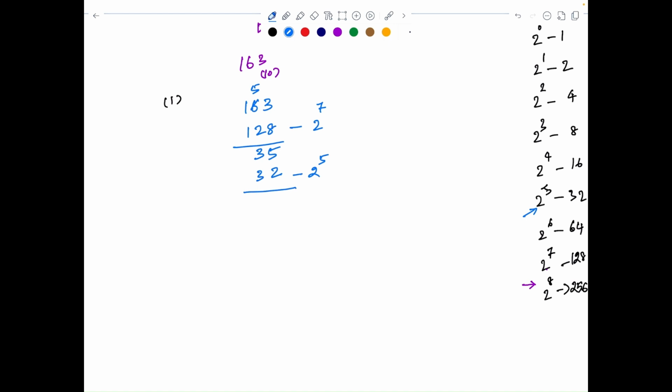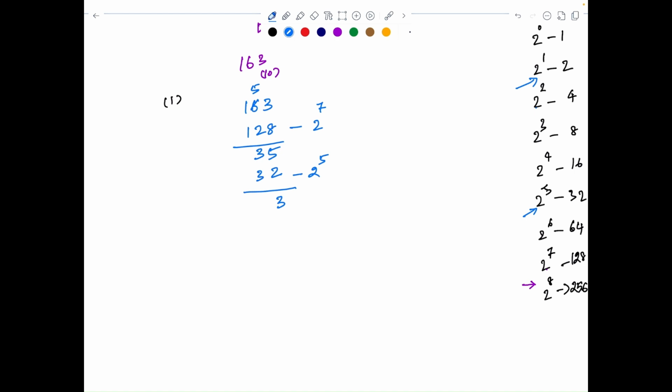Now 35 minus 32 leaves 3. 2 power 2, which is 4, is a larger number than 3.